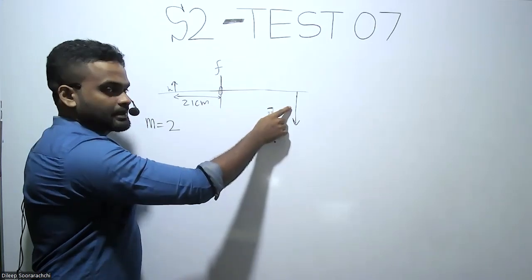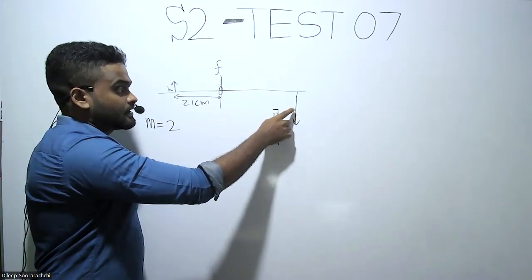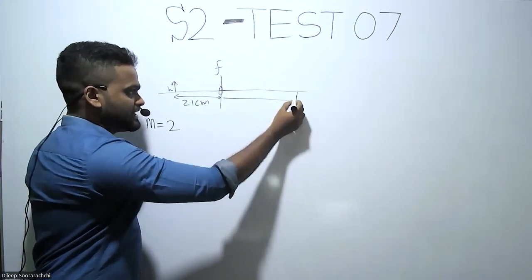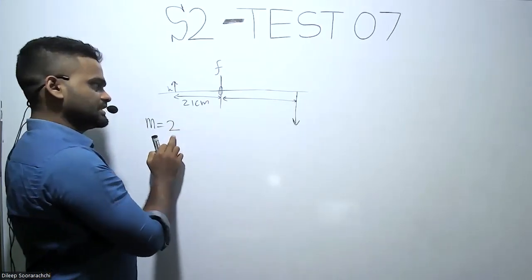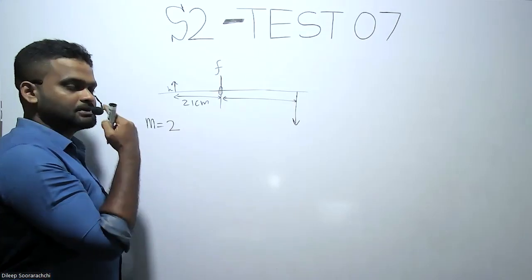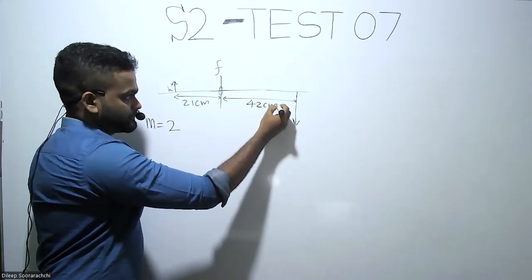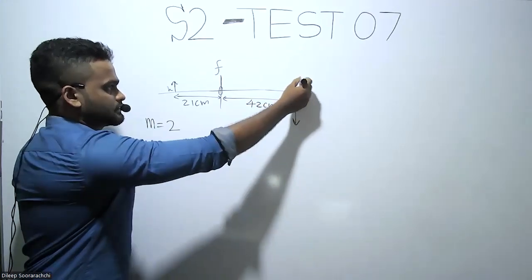A convex lens can create a real, inverted image. So the image distance should be 2 times, because linear magnification is 2. If it is 2, this should be 42 centimeters. So this is one case.